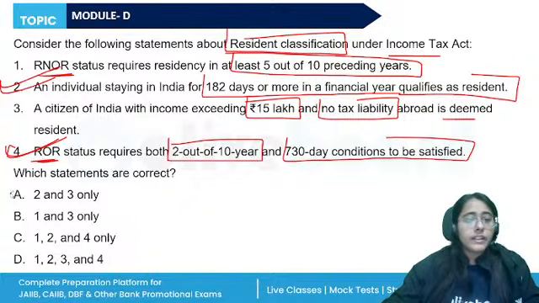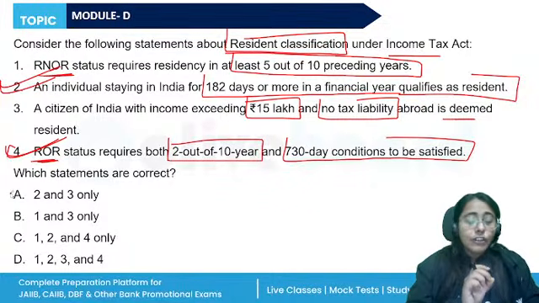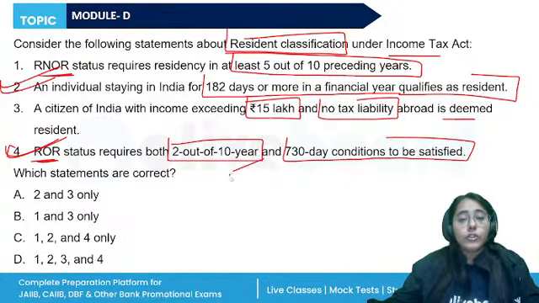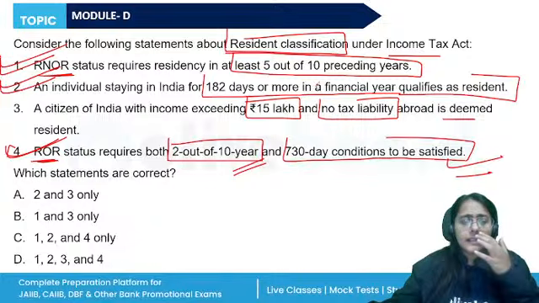For an ordinarily resident, we will see whether they have been a resident of India in at least 2 out of 10 years or 730 days in the immediately preceding 7 years. If this is not there, then what will happen? They will be considered as a resident, non-ordinary resident, right? 5 out of the 10 preceding years. So this is also correct, right? This is correct.